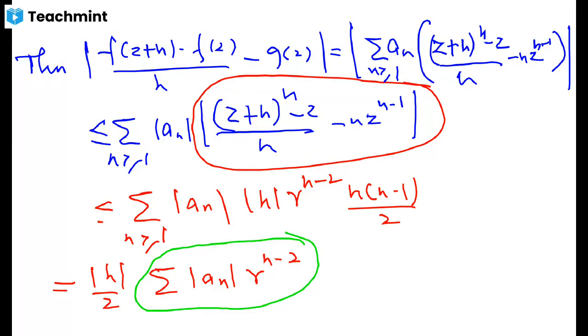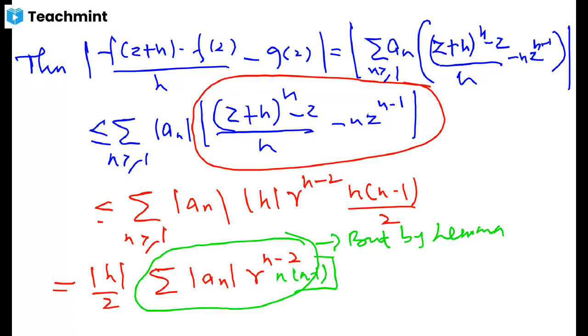This product may not have a limit if this infinite series is not convergent. But by the lemma that we just proved, this is a differentiated series. I had missed something here: I have n into n minus 1 also here.